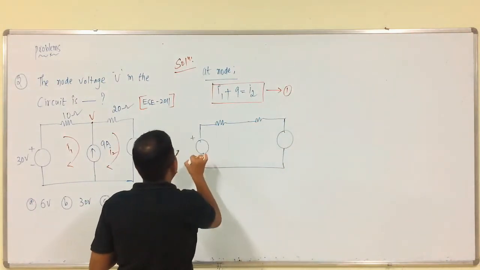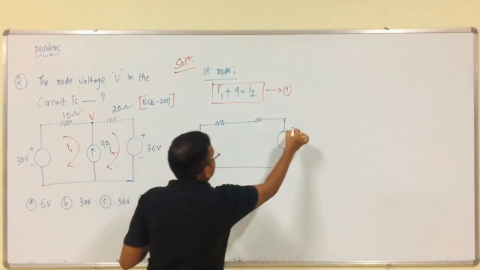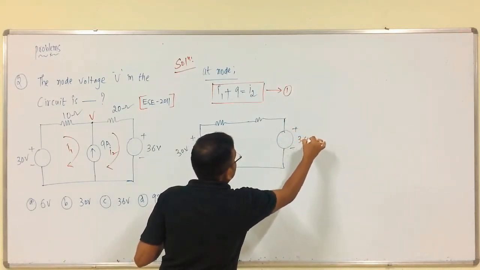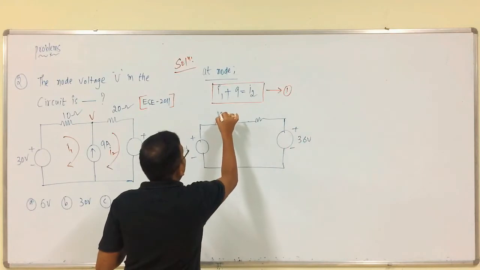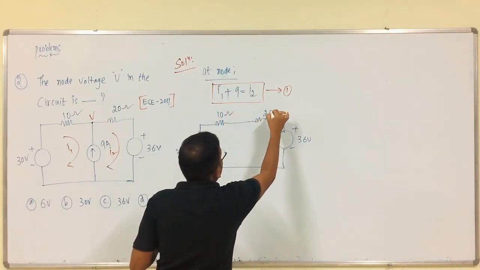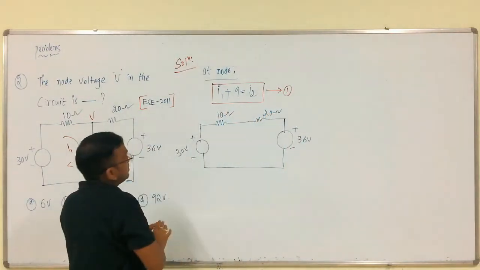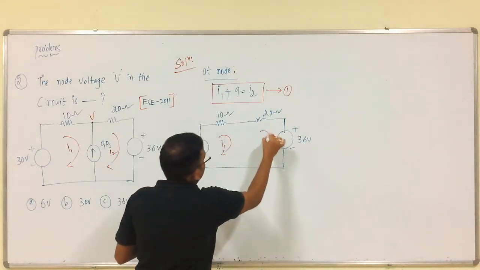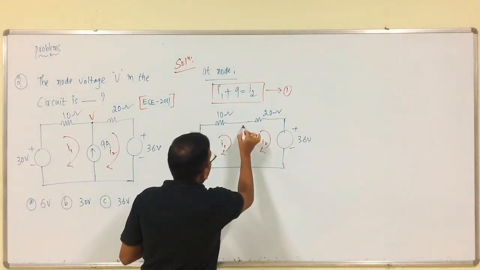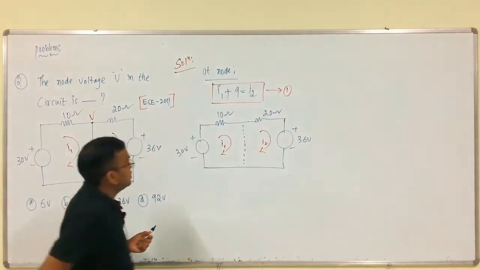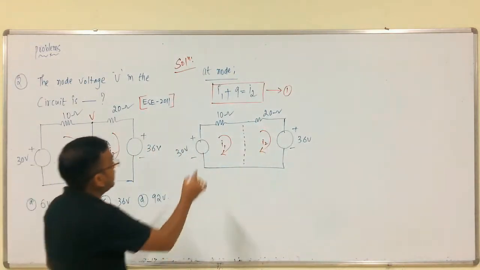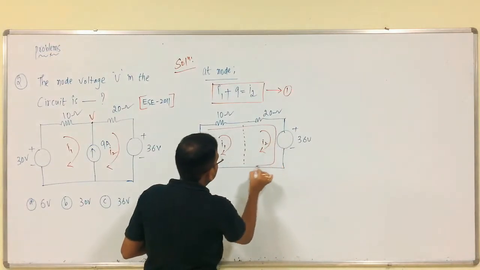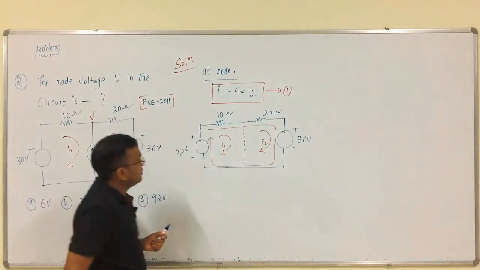This is plus minus 30 volts, this is plus minus 36 volts, and this is 10 ohms, and this is 20, right. So, this is I1, this is I2, we are removing this branch, and this is super mesh.